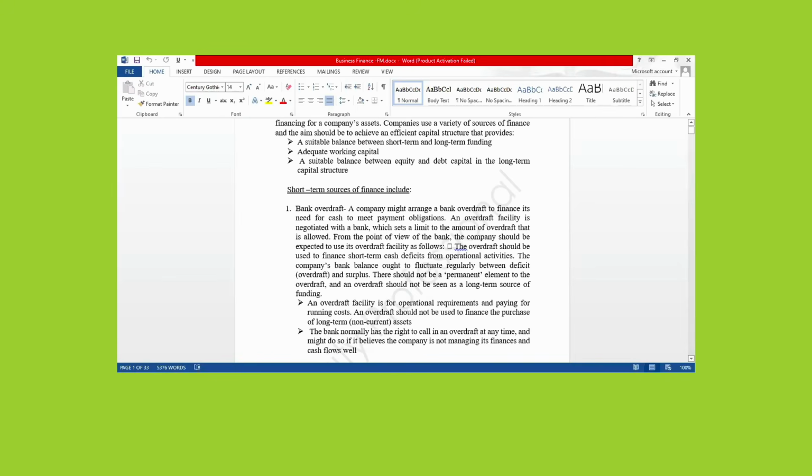What that means is that the overdraft balance must not be kept at a permanent position.